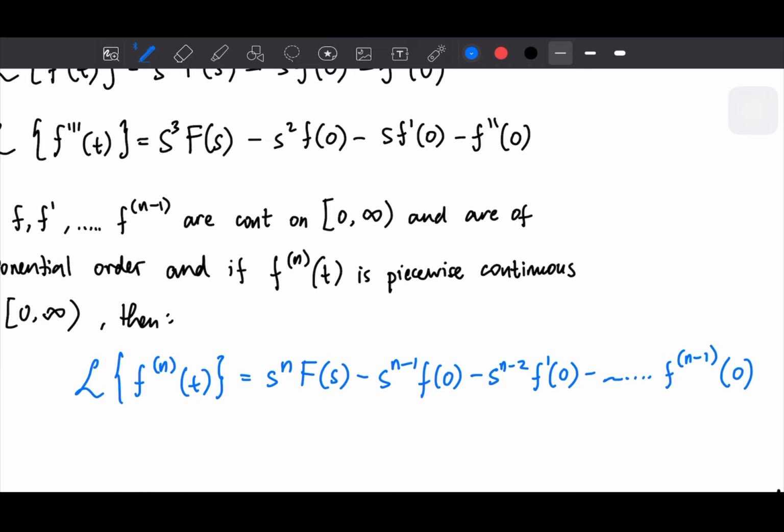So again, the idea of the Laplace transform is to transform the order into a power, into an algebraic operation, into algebra.